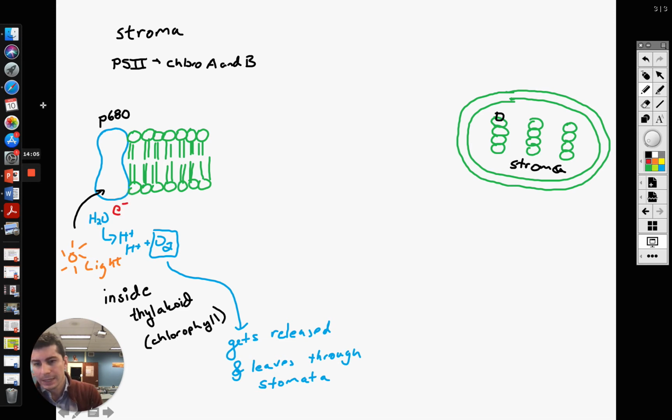Okay. What's going to happen here is the electrons are going to go through our photosystem, through photosystem 2. And because of the sunlight here, they're going to get excited, which is why they're going up. Oh, look, I got all this energy. I'm getting excited. Wonderful. Okay. After this, our electron, which is now excited, is going to go through some cytochromes.